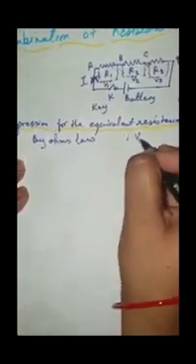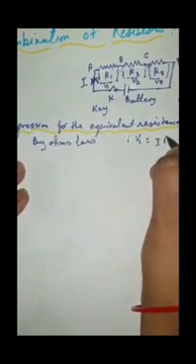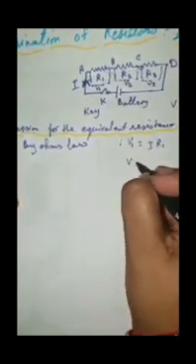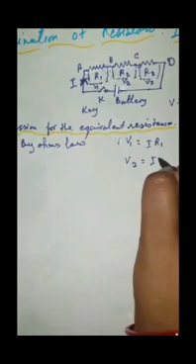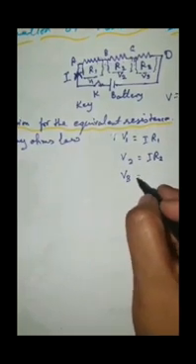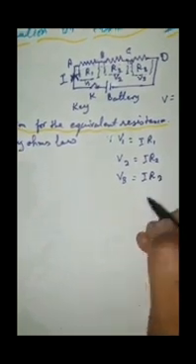By Ohm's law, the potential difference between A and B, V1, is equal to IR1. Between B and C, V2 is equal to IR2. Between C and D, V3 is equal to IR3.